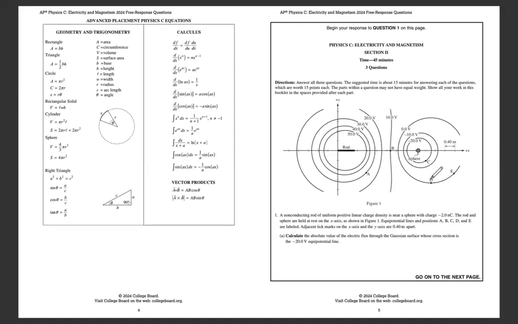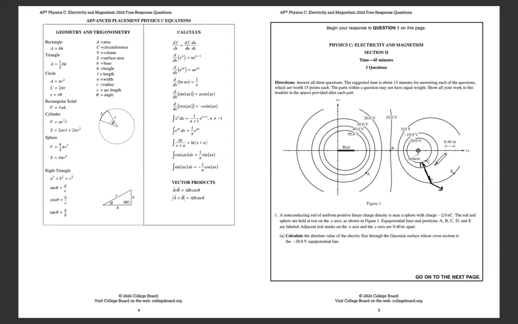It'll experience a repulsive force from the rod, and then it is going to experience an attractive force towards the sphere as well. If you add both of those together, my guess is that it should end up probably being directly upwards, so plus y direction.